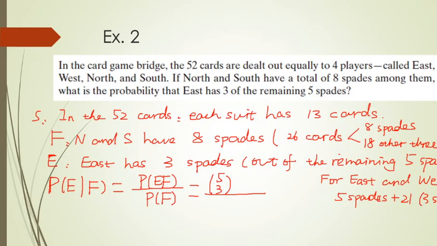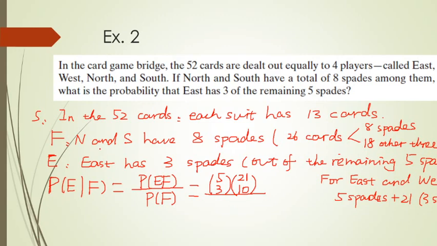So totally it's still 26. So for east, he is going to choose 3 spades, but how about the other 10? East is supposed to hold 13 cards, so he is going to choose another 10 cards out of the other 21. And then what is my new sample space now?